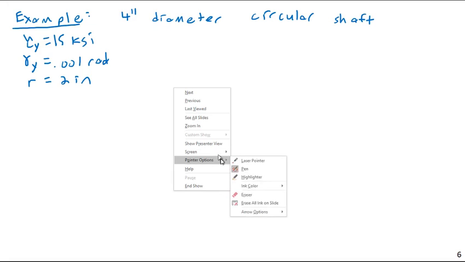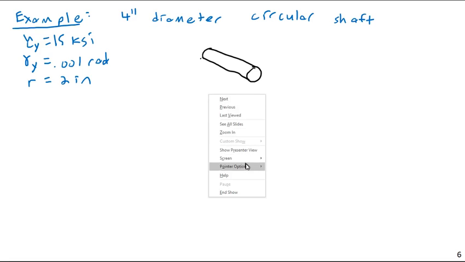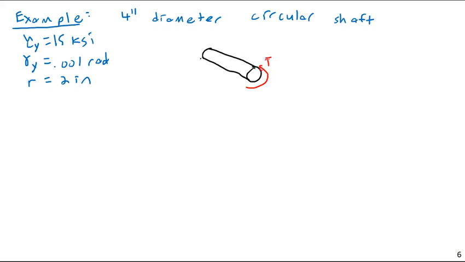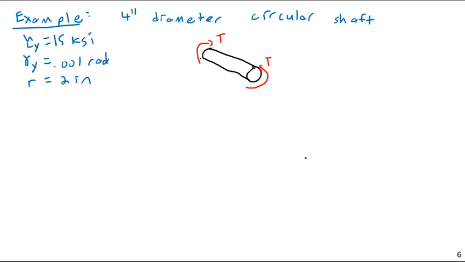So let me do a quick drawing of this. This is a solid shaft, and it is under a pure torsion condition with a torque on either end. So T here and a T here. And we are going to assume elastic plastic behavior for this as laid out here.